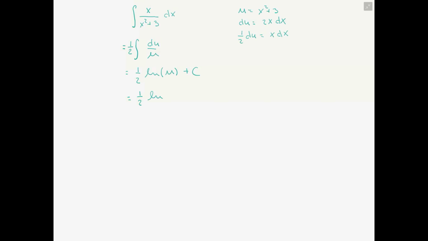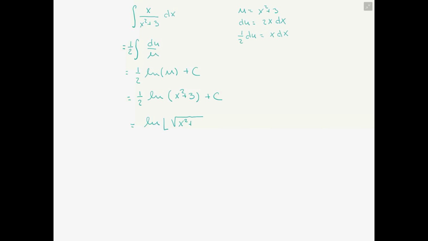And now we have our familiar form. We can bring out the 1/2, du on u, and that is simply 1/2 the natural log of u plus c.